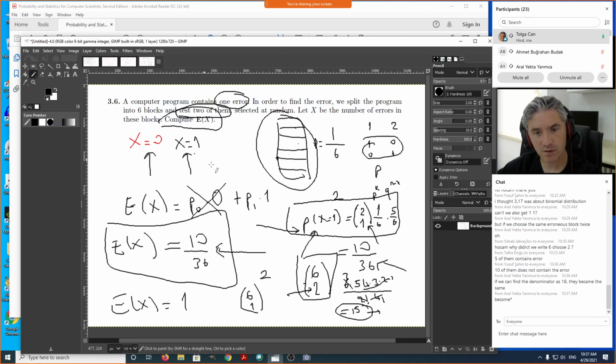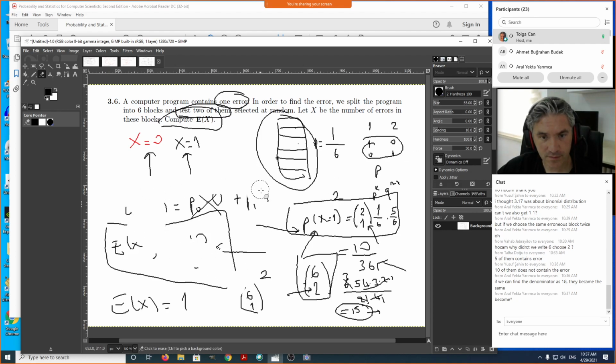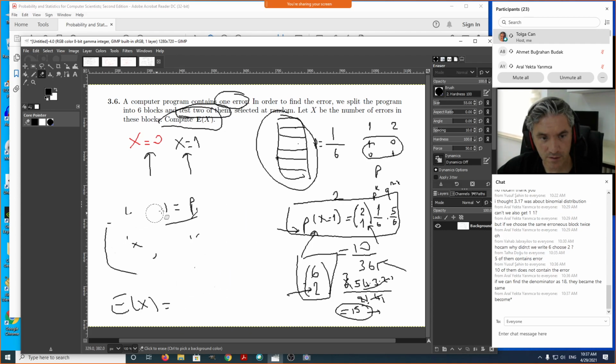So let me try to take a look at it again by erasing some of this part. Where's my eraser? Yeah, here. Let me increase this size a bit. So we have 6 blocks.